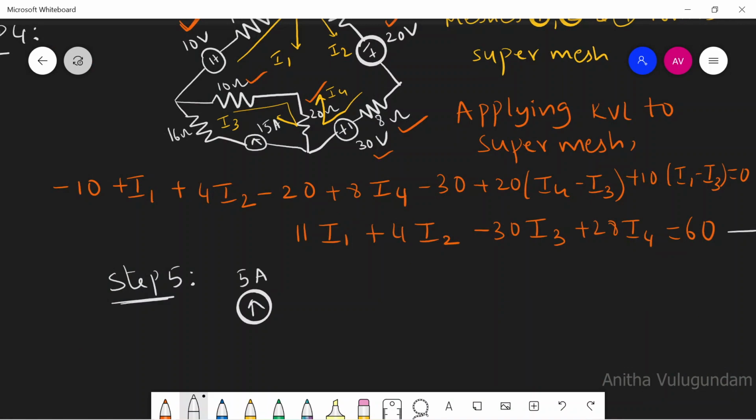I1 in this direction and I2 in this direction. Write the net current, I2 minus I1 equal to 5. The current flowing in the direction of the current source is treated as greater than the other current. So I can write net current as I2 minus I1 equal to 5. Let it be equation number 2.